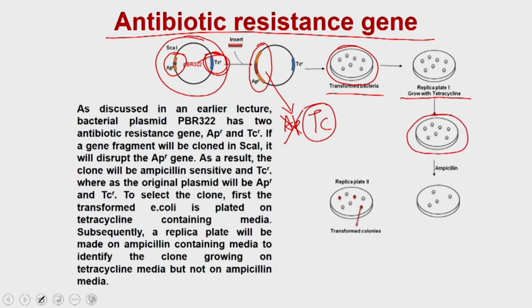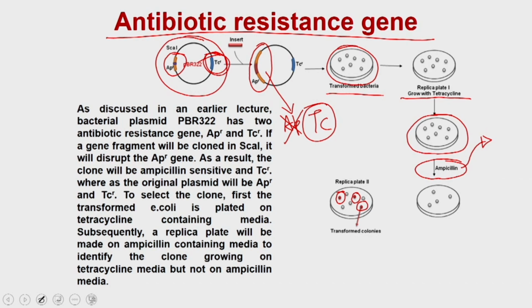Now, what you do is take these colonies and grow them onto the ampicillin. What will happen? Some of the colonies will die because they are not going to contain the ampicillin resistance. These are the 3 colonies which died while you were screening them onto the ampicillin.